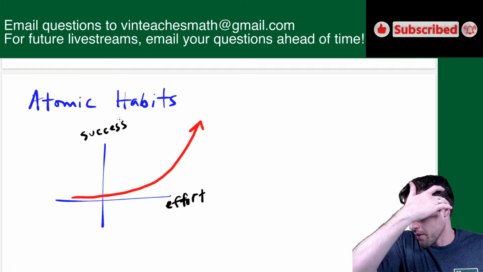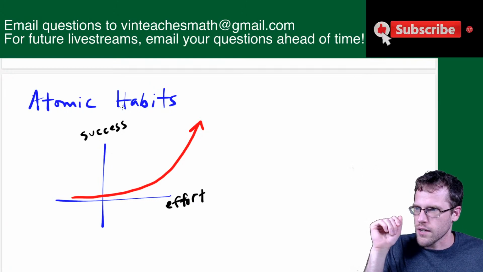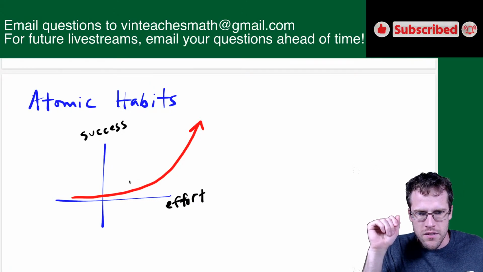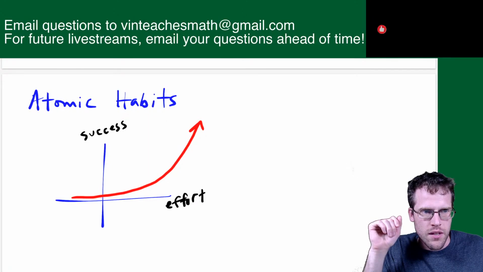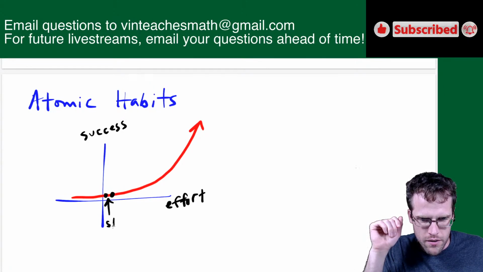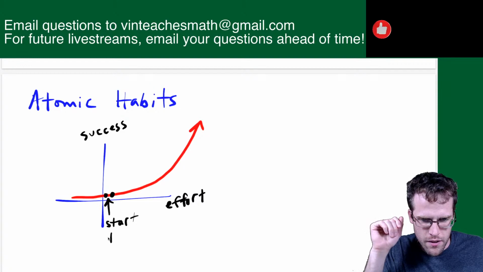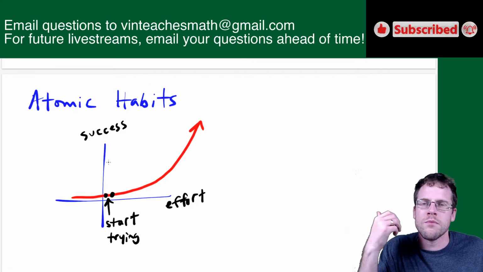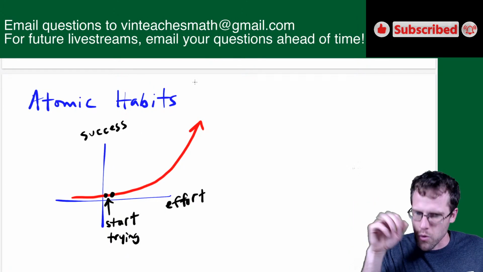But what's the point of this? So this is still at Justin. What people wind up thinking is they start around here. It's like, all right, start trying. I want to be successful. I want to be motivated. I don't know how to get motivated.